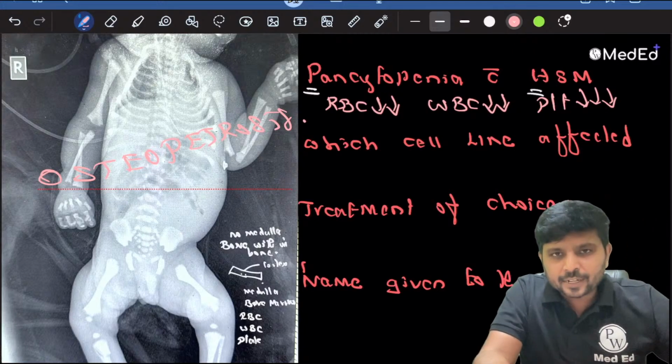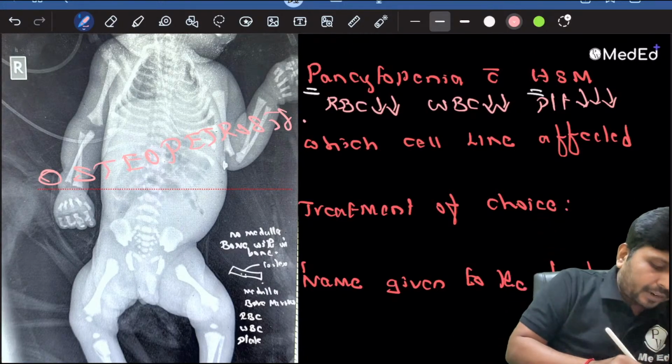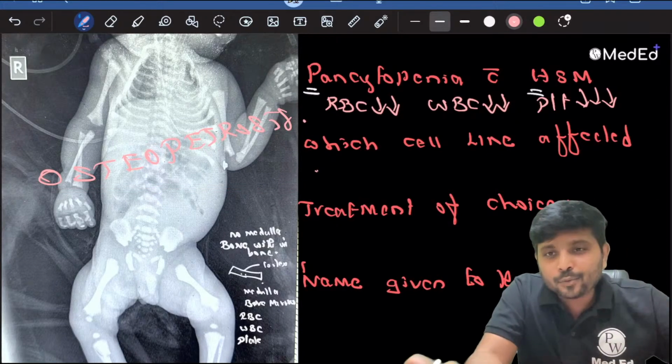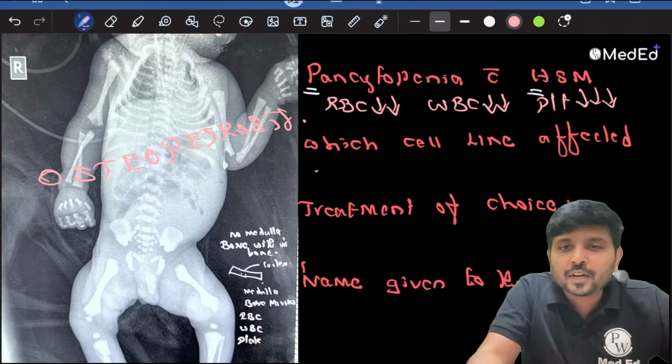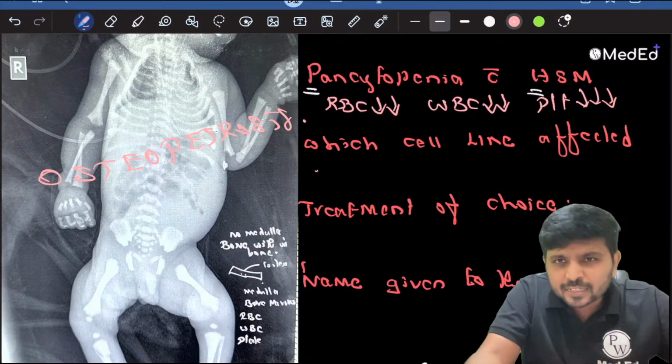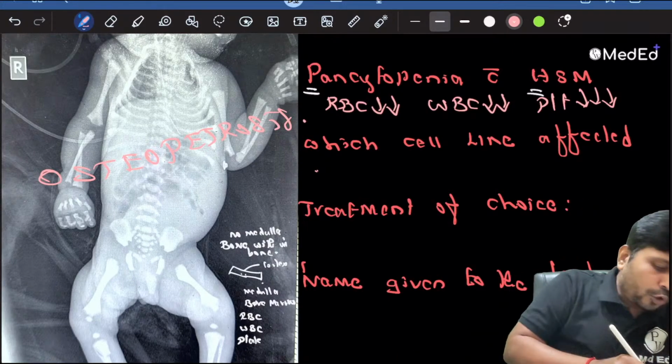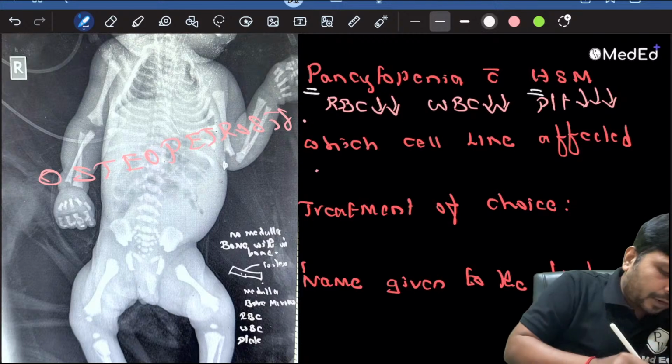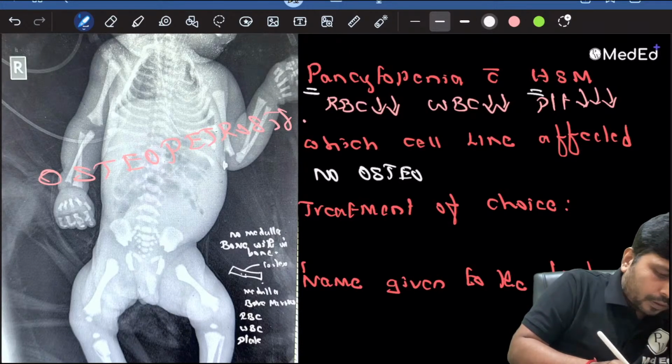So you will get pancytopenia along with organomegaly. Which cell lines are affected? Then one more question: what is the pathophysiology behind this osteopetrosis? The answer is no osteoclast.